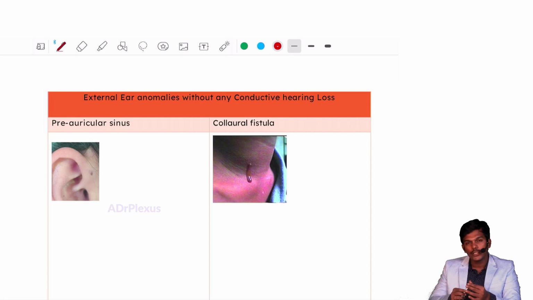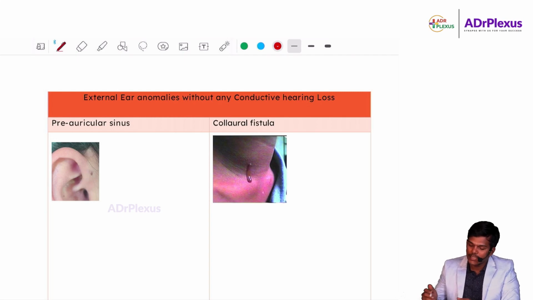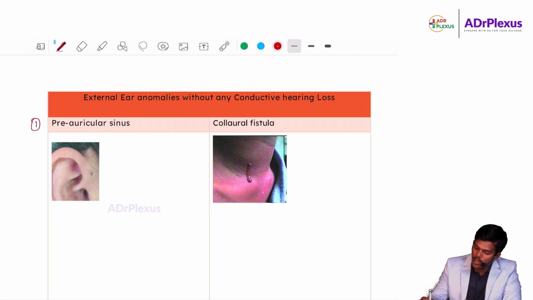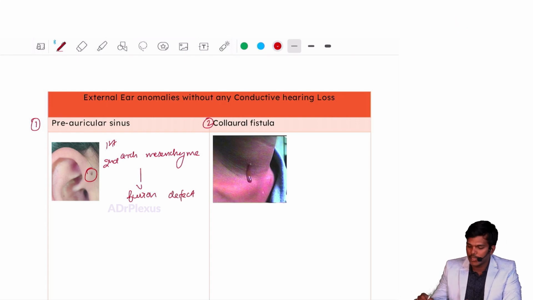Now, based on the external ear and middle ear embryology, we can discuss a few diseases such as pre-auricular sinus and coloboma fistula. So the first and second arch mesenchyme fusion defect will result in a pre-auricular sinus like this.